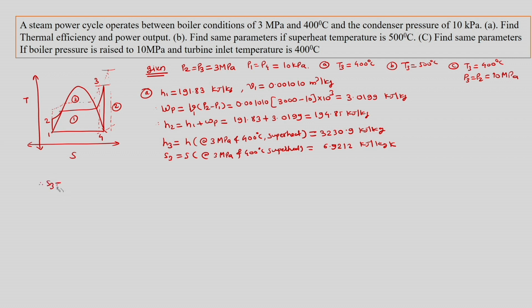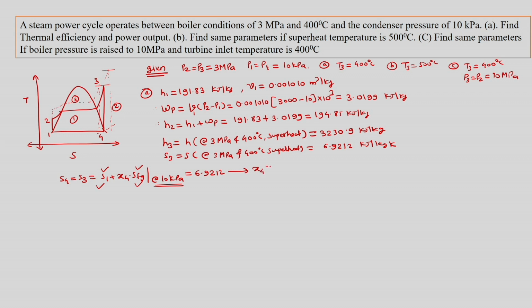So we have S4 is equal to S3, and then again knowing the fact we will write it as X4 into SFG plus S1 at 10 kilopascal. We can find these two things at 10 kilopascal from the steam table, where this is the liquid saturation entropy and this is the latent entropy, and then we know it is equal to S3, which is 6.9212.